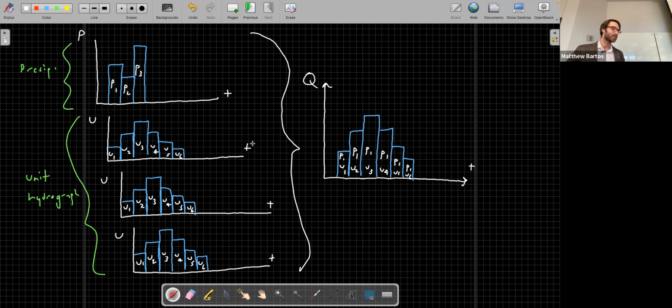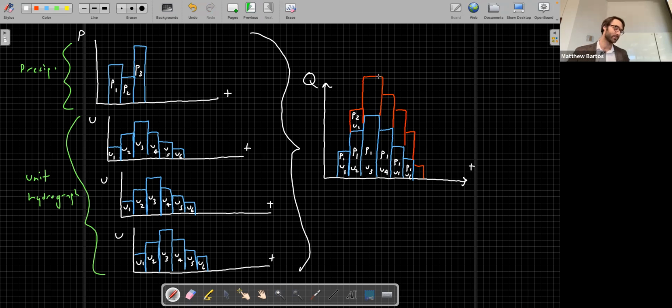Okay, so for the next one, we slide U over once in time. We scale it by P2, and then we add it on top of our response here. Okay, so P2 is a little bit smaller, so I'll draw these a little bit smaller. So we have this one here, this one here, this one here, this one here, this one here, and then we have another, maybe smaller. Okay, so this bar here is P2 U1.